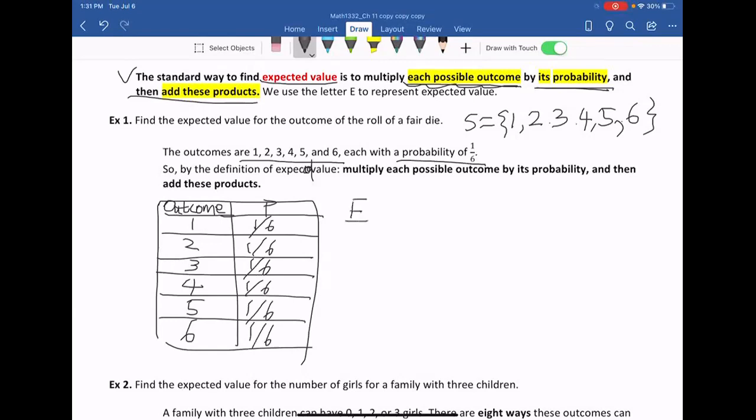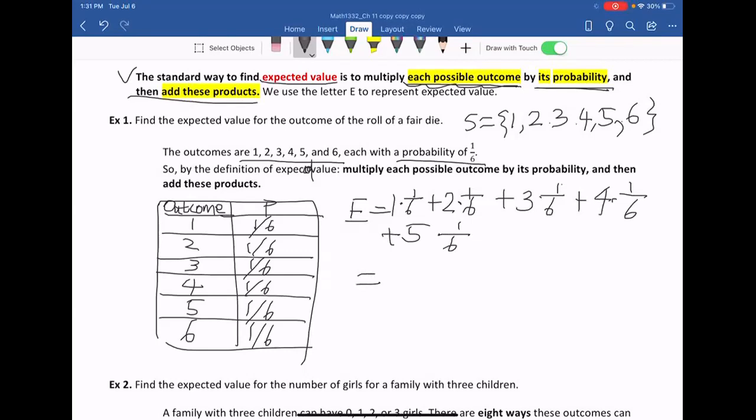The expected value using the definition is the outcome times its probability, and we add these products together. So first outcome is 1 times 1/6 plus second outcome times 1/6 plus third outcome times 1/6 plus 4 times its probability plus 5 times its probability.